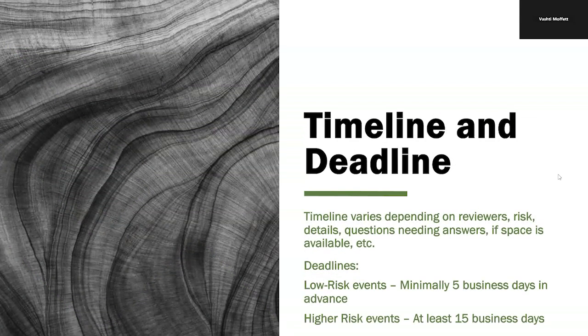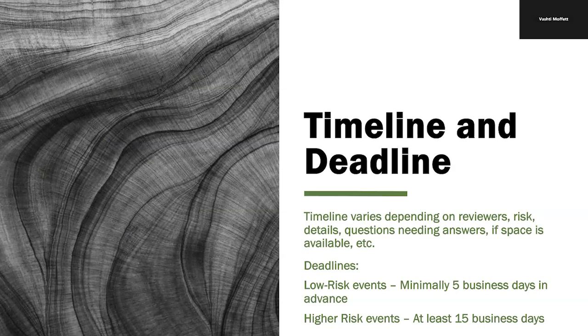Timeline and deadline. Timeline varies depending on reviewers, risk details, questions needing answers, or if the space is available, etc. Some deadlines that we should be mindful of: if it is a low risk event, that is minimally 5 business days in advance. Low risk could be like your reoccurring general meetings or your reoccurring executive meetings.